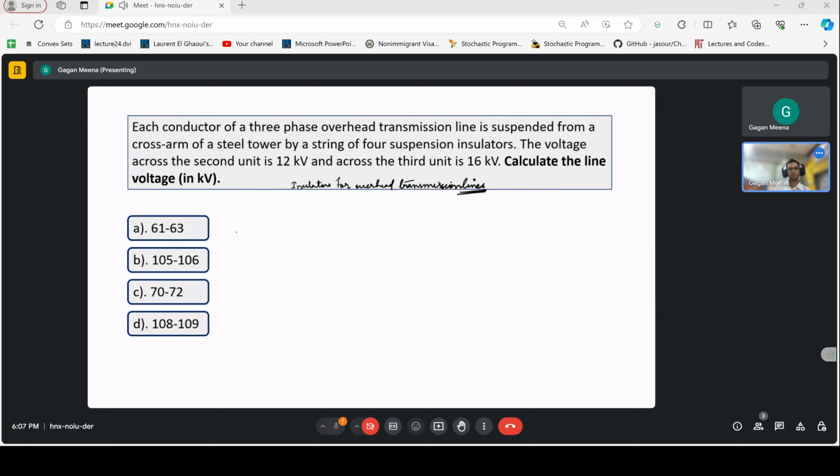We have to write KCL at each node. Let's say there are total 4 insulators. So one is this, second, then third, let's say only 3, and here the conductor will be there.